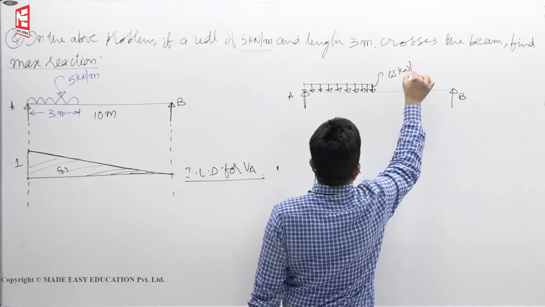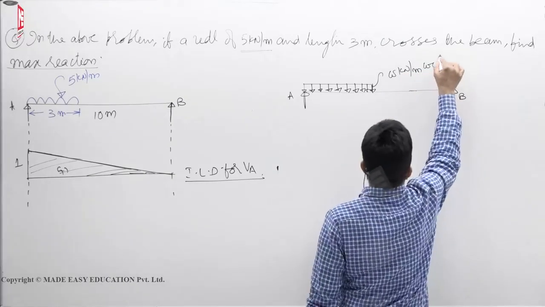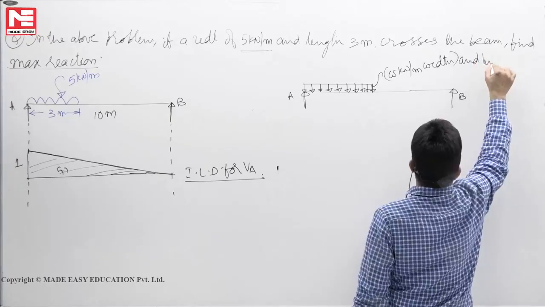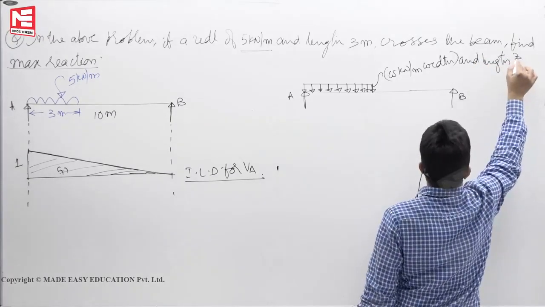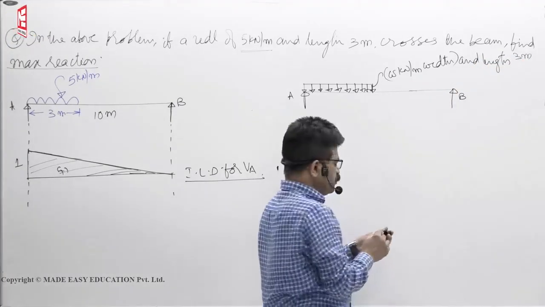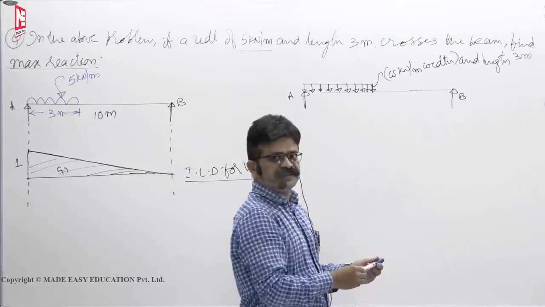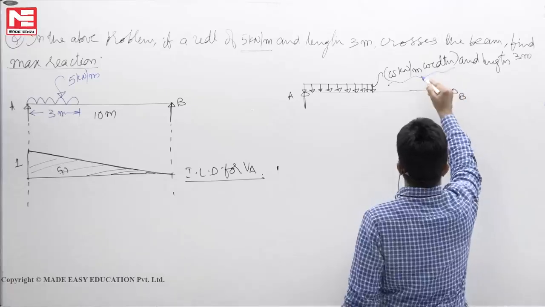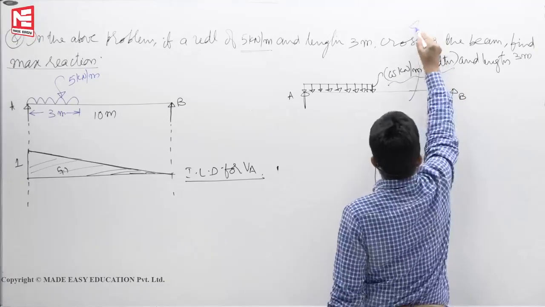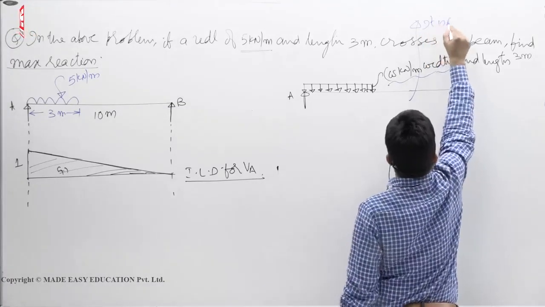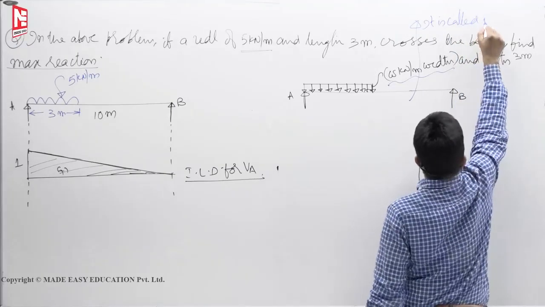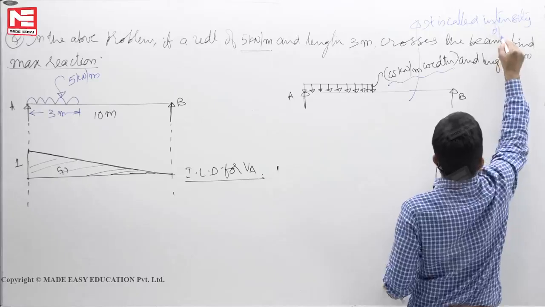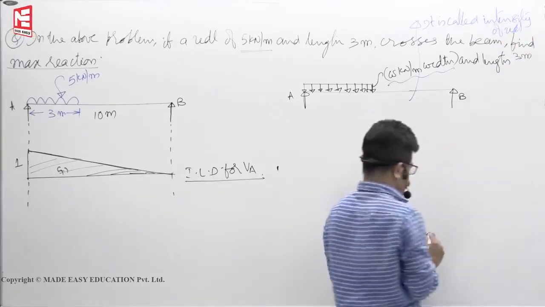This is W kilonewtons per meter width and length 3 meters. This W kilonewtons per unit width, it is called the intensity of UDL.